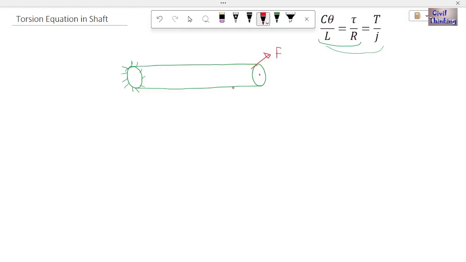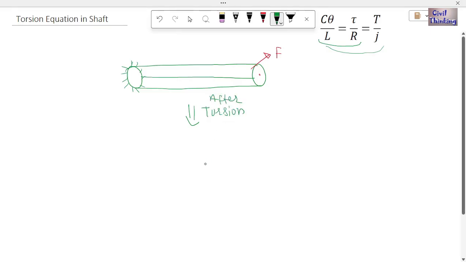Let me show you a line, and I will illustrate the torsion with the help of this line. This line is on the surface of the shaft, and when the force is applied, torsion happens. So what is going to happen after torsion?